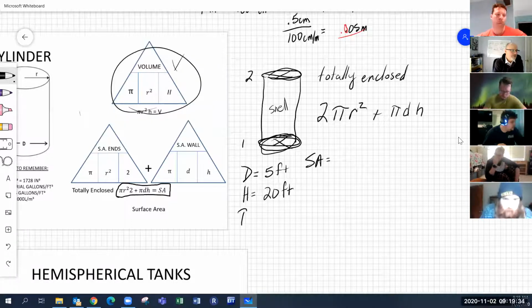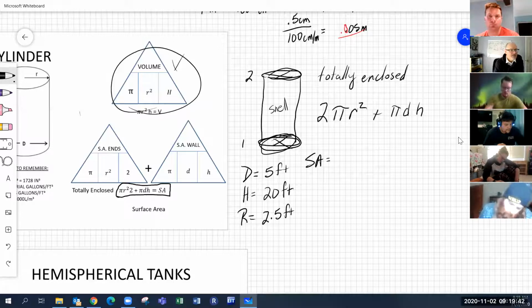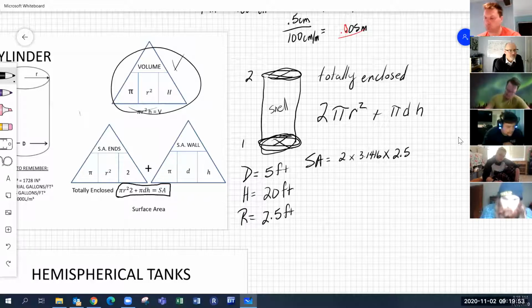So I write my variables down. Here's my radius. My radius is 2.5 feet. And I could simply plug my numbers into the formula. So that's going to be 2 times 3.1416 multiplied by 2.5 squared. And that's going to be the top and bottom.